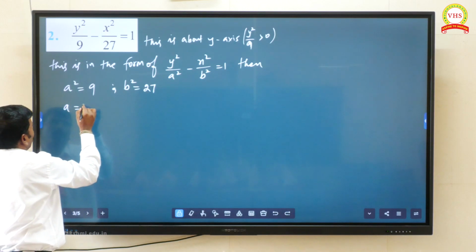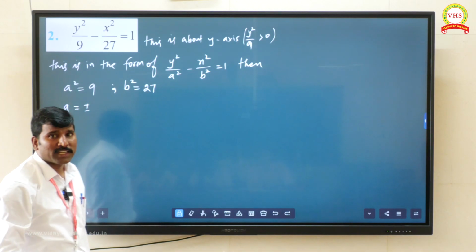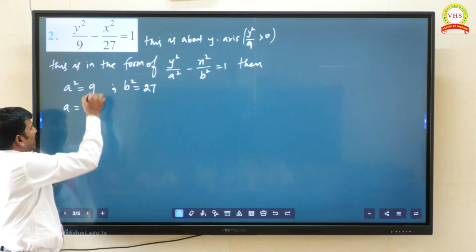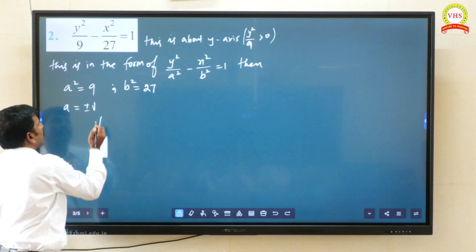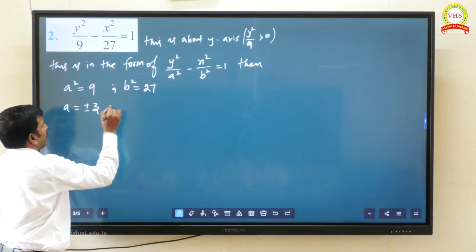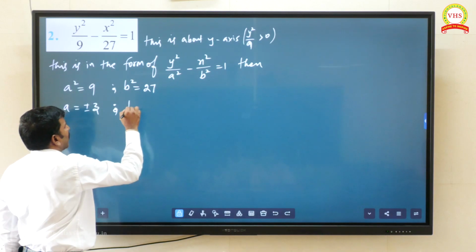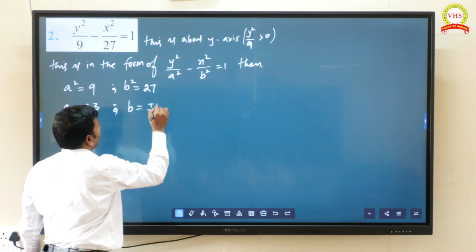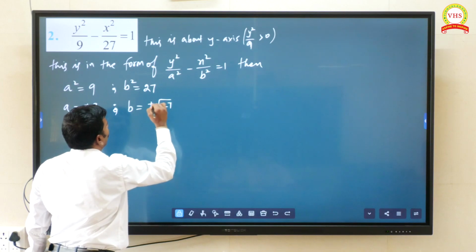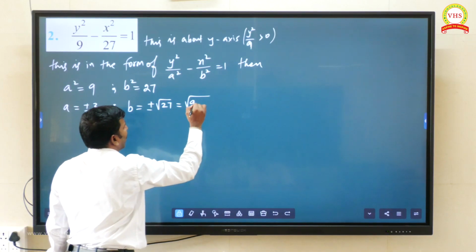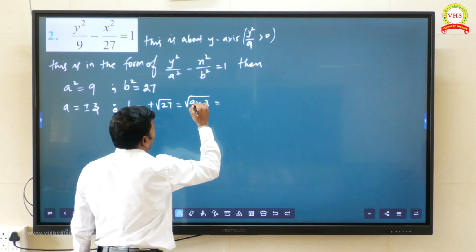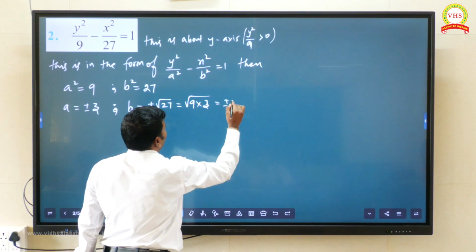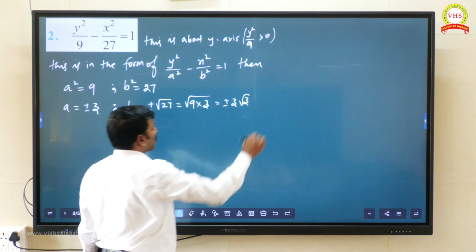Then a equals plus or minus 3, taking the root of 9. Similarly, b is plus or minus root 27. We can write 27 as 9 into 3, so b is plus or minus 3 root 3. You can stop like that.